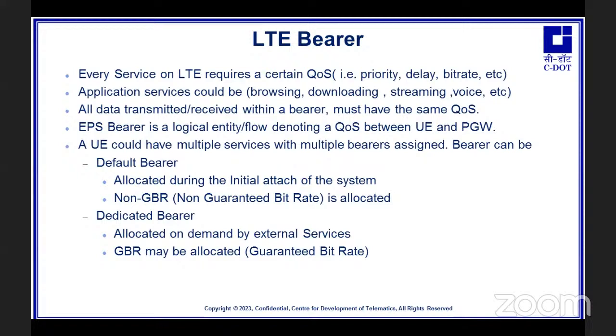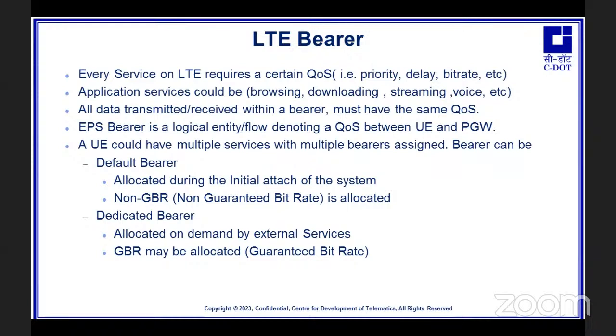And this QCI is basically called SIP signaling for IMS. And these 4 are basically for data services. They are called non-GBR: 6, 7, 8, 9. These are non-guaranteed bit rate and are basically used for data. And this is for SIP signaling for IMS.